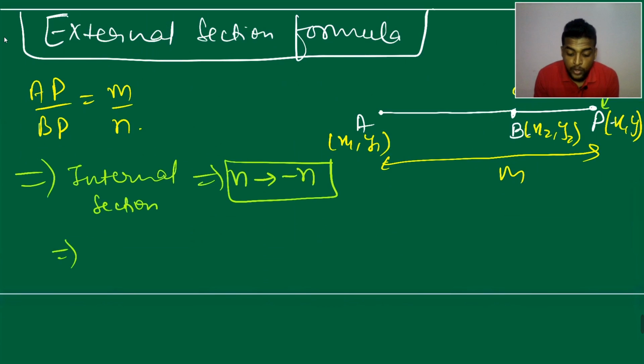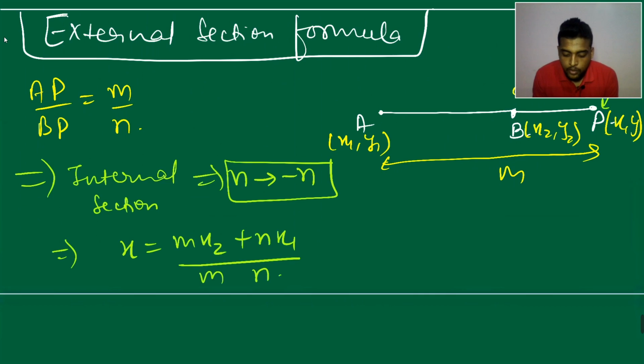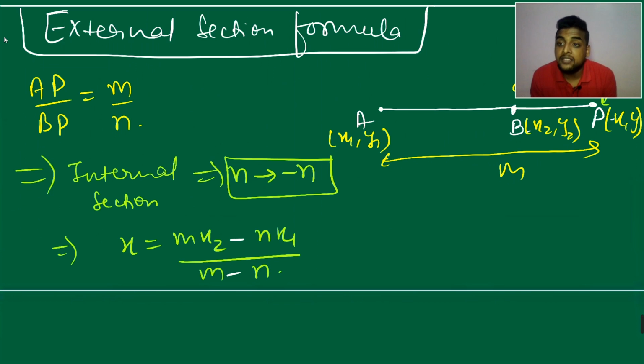So what is the formula? The formula is x equal to (m x2 + n x1) upon (m + n). Now if n is replaced by minus n, can we write this? Minus n. So n is replaced by minus n. This is how x came.